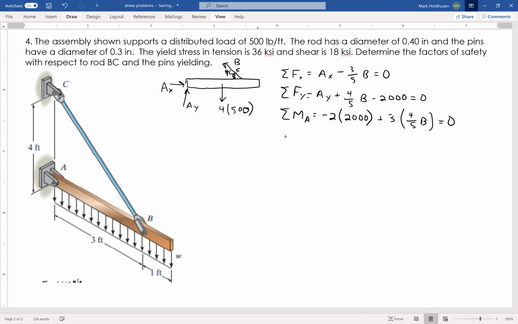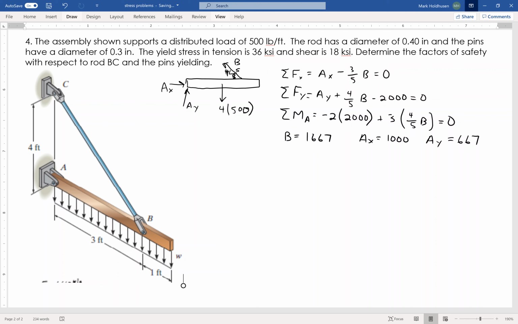So from all this, I can find that B equals 1667, AX equals 1,000, and AY equals 667. Okay? So now I've got all of those reactions.